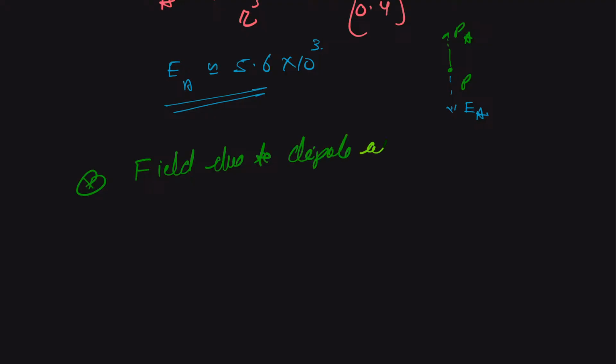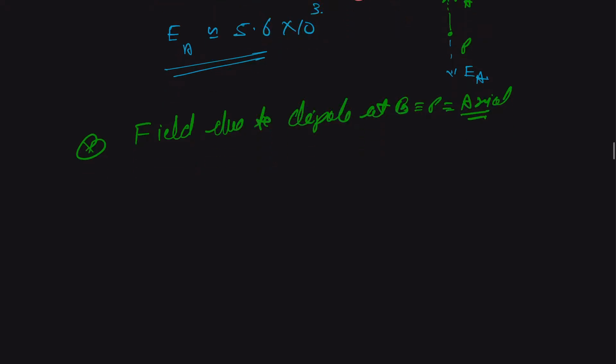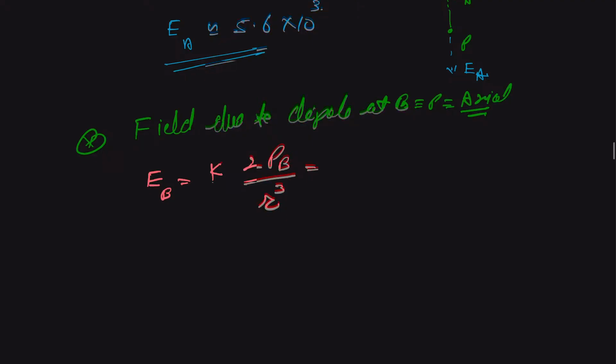Field due to dipole at B, and we have to remember this point P is on the axial. Therefore, we can write that electric field will be equal to K twice dipole moment divided by r cube. In case of this dipole, if you look closely at the derivation, there is more approximation, so the answer you are going to get is a little bit approximated.